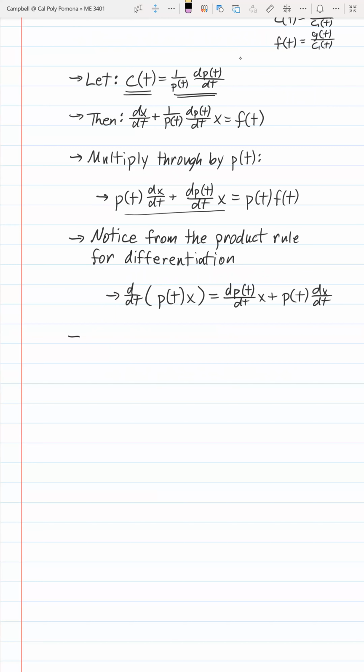That means that we can rewrite that differential equation as d/dt of p of t times x is equal to p of t times f of t.